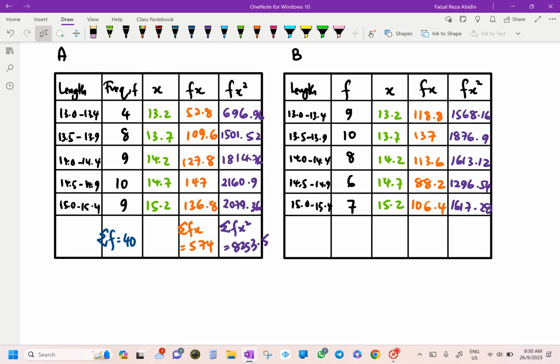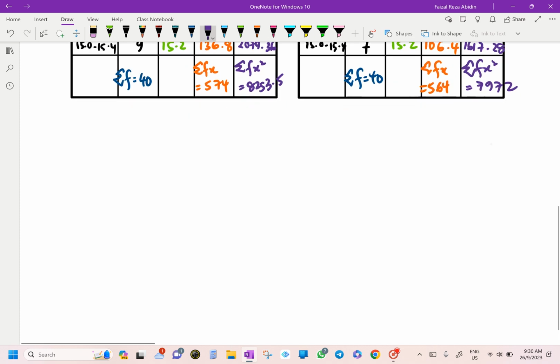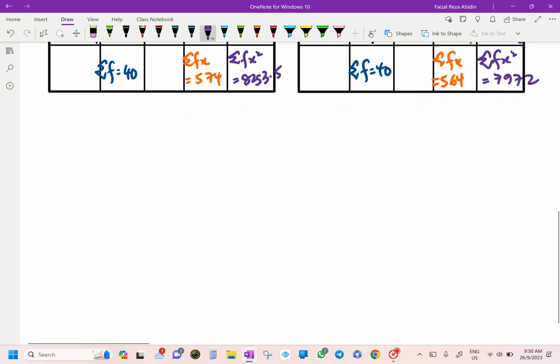For species B, the total frequency is 40, the total Fx is 564, and the total of Fx square is 7972. So we have all the information for species A and species B. The question asks us to find the mean.